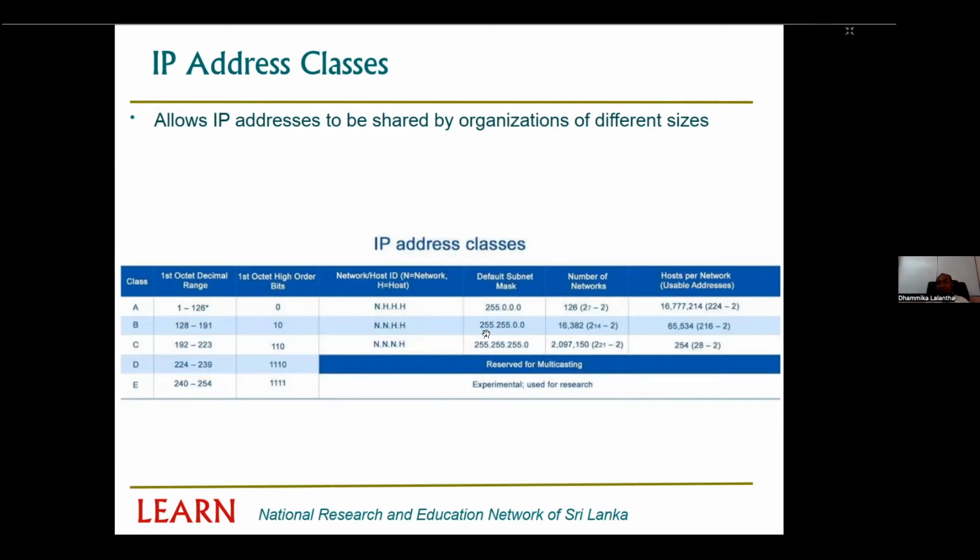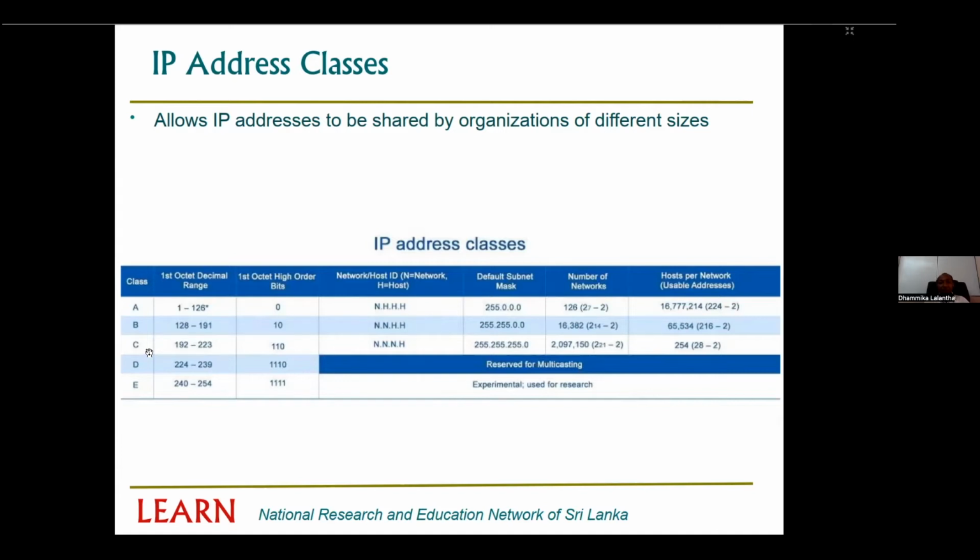It has this number of networks and this number of hosts per network. So compared to class A and class C, it's somewhere in the middle.